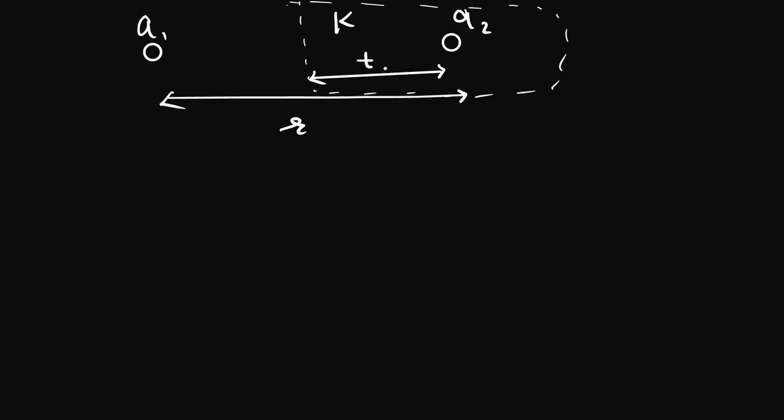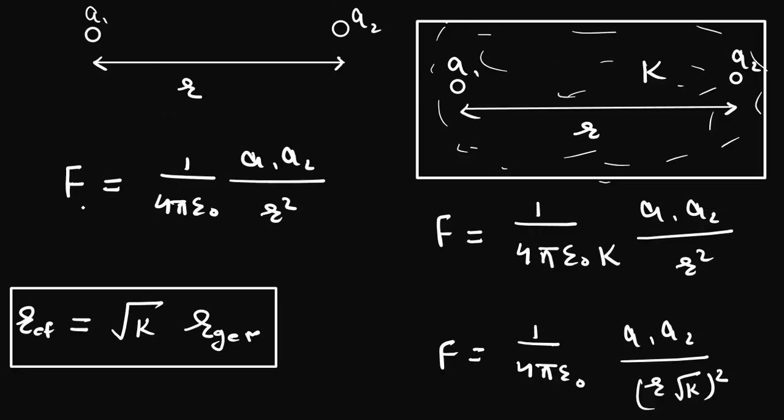Now if I ask you what will be the magnitude of force between these two charges q1 and q2, what will be your answer? If we use the same theory again, what will be the effective distance there?